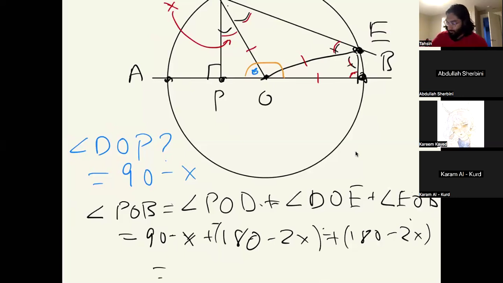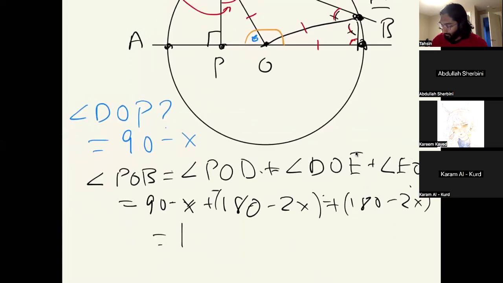Is it clear how this goes? So this should be 180.